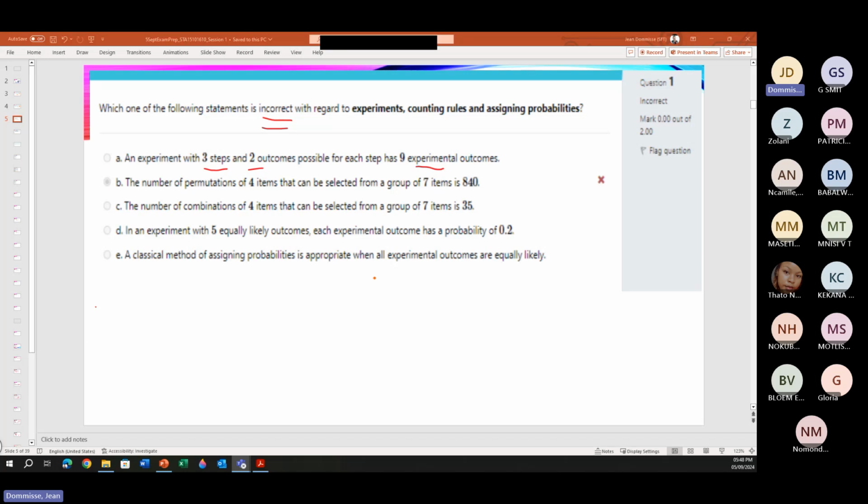Permutation, combination. Oh, and I see my calculator does not have this on it. Okay, so let me quickly Google an online calculator for this.